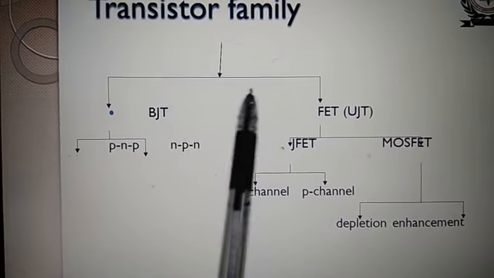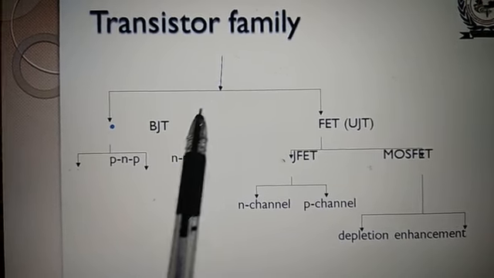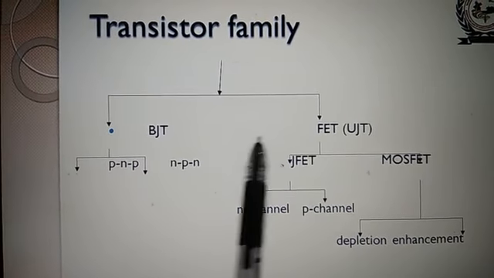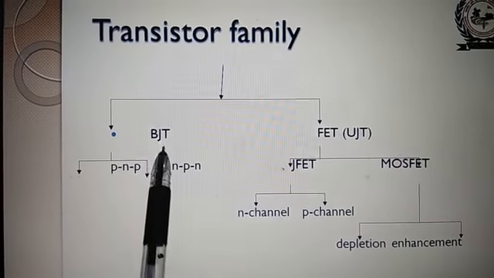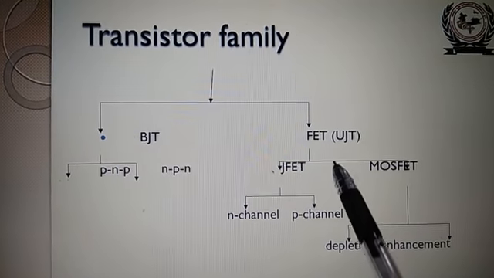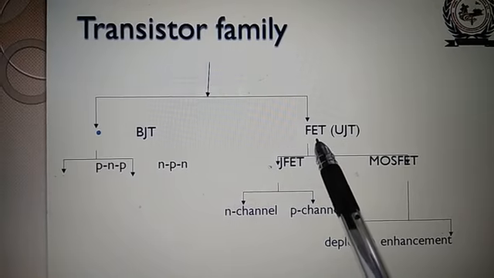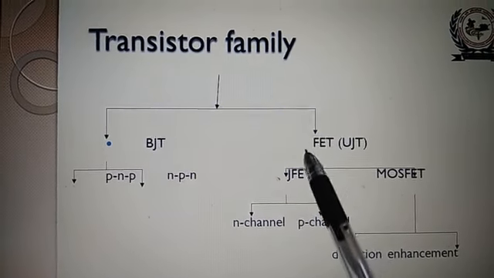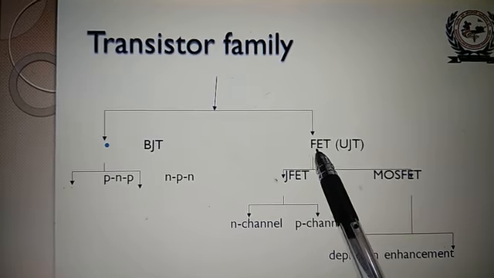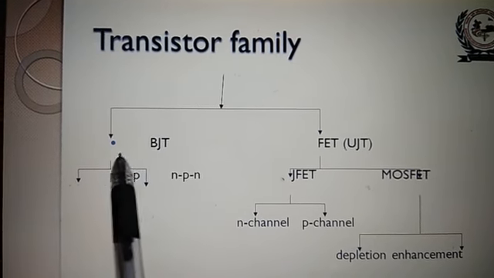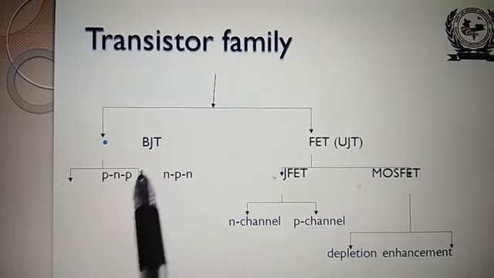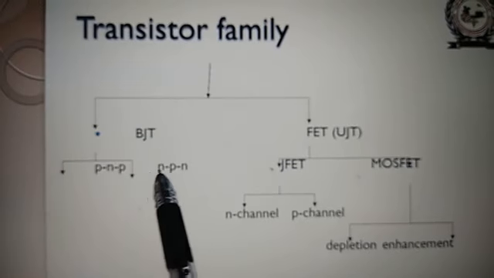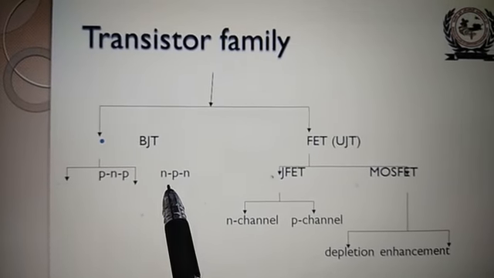This is the flow graph of the family of transistors. Classification: BJT and FET. BJT is called the bipolar junction transistor, while FET is the field effect transistor, or unijunction transistor, which has only one channel. Junction is called a channel here. These two types of transistors are there, either PNP or NPN.